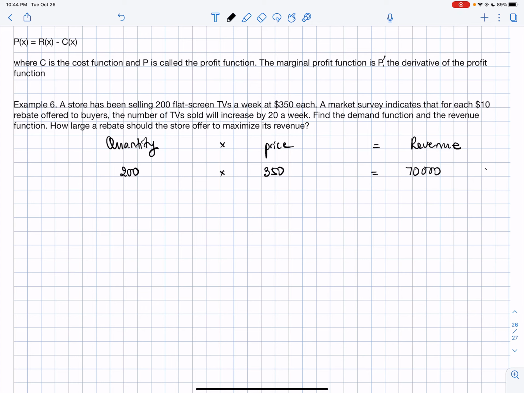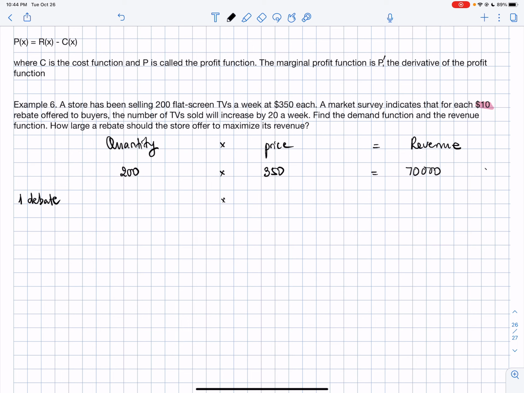What if we involve a rebate? So what will happen if we have one rebate? Then, think about the seller's perspective. One rebate means that the price will go down, right? And the rebate is $10, okay?